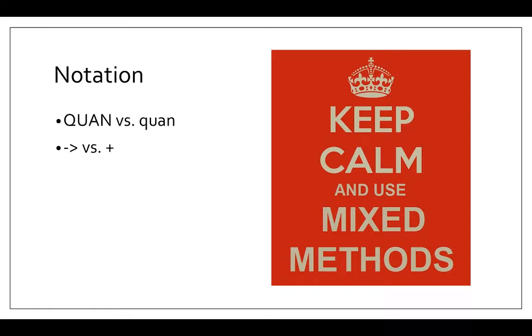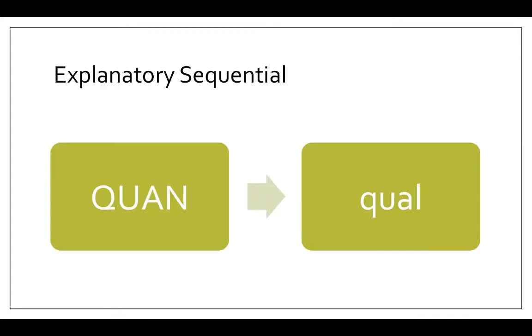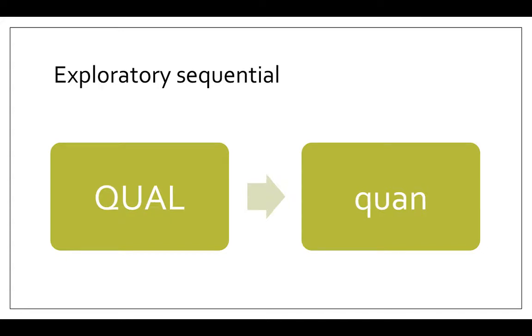So you'll notice that there are different notations as you read in the chapter. There's QUAN versus quan, the all caps versus lowercase, meaning that one is, I guess, a larger part of the research study than the other. And there are a bunch of basic research designs that you'll read about, such as explanatory sequential, which starts with quantitative data collection and then finishes with qualitative.